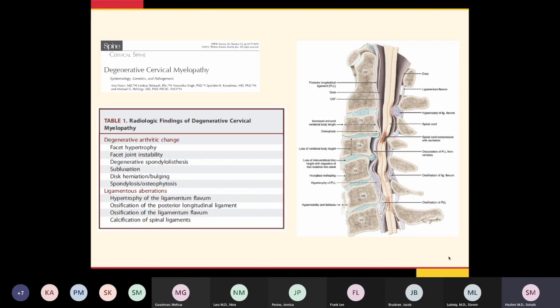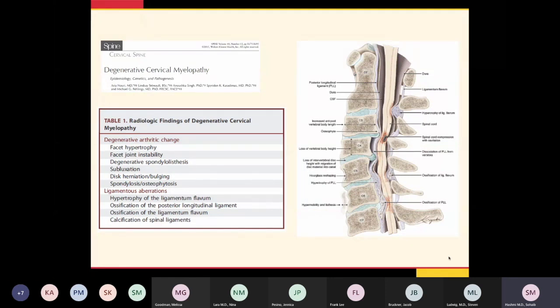But the degenerative changes that will progress are, posteriorly, the facet hypertrophy, which is underlying instability. There is then degenerative spondylolisthesis and subluxation. Anteriorly, the disc herniation and bulging, as well as posterior osteophytes off the body, can cause significant stenosis in a chronic nature.